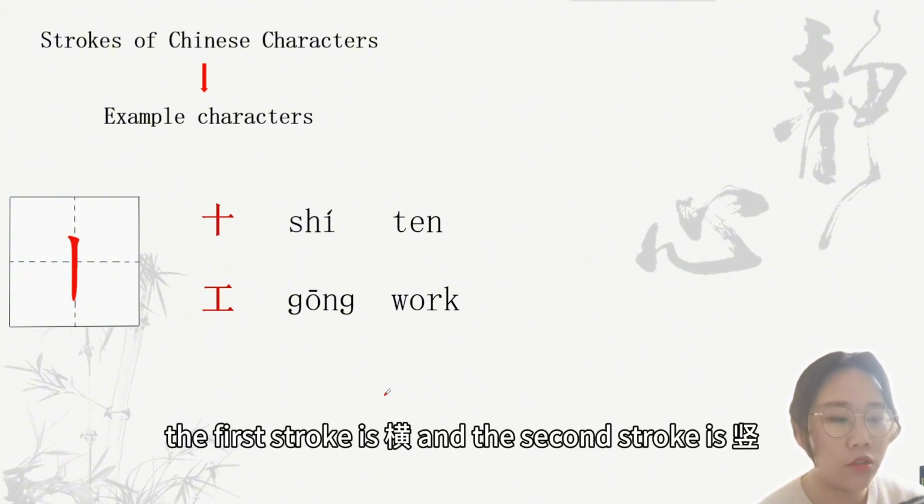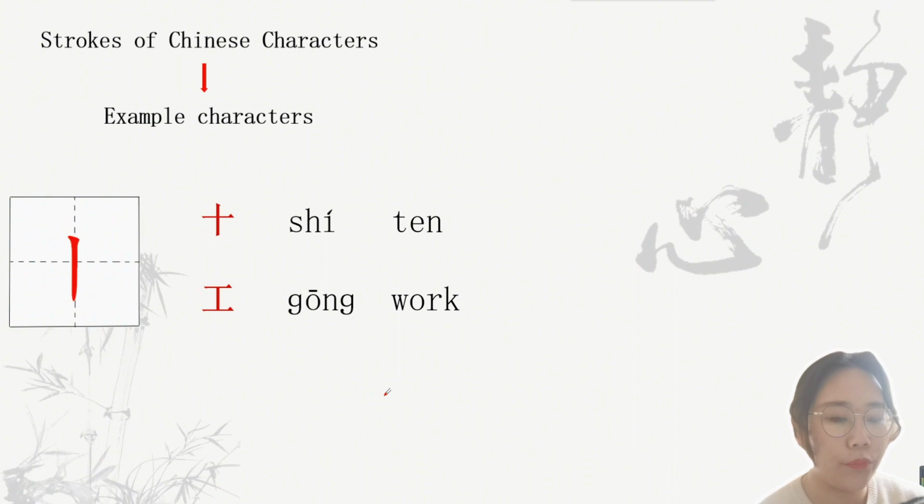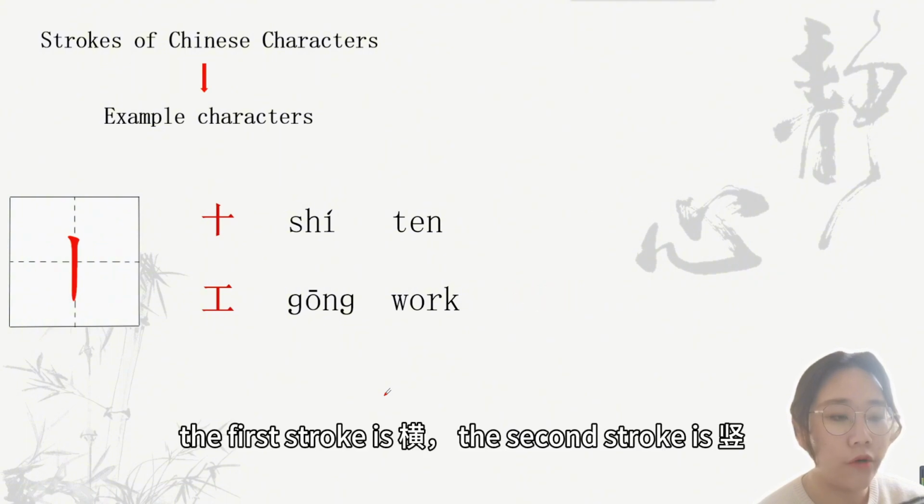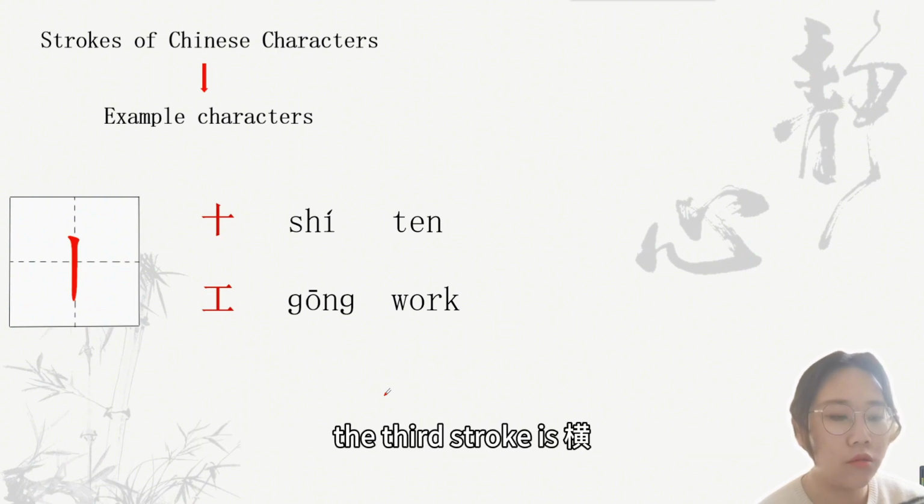The first stroke is 横 and the second stroke is 竖. Go, 走. The first stroke is 横, the second stroke is 竖, the third stroke is 横.